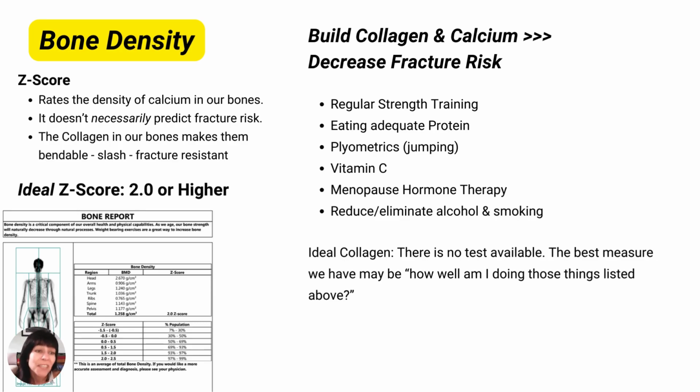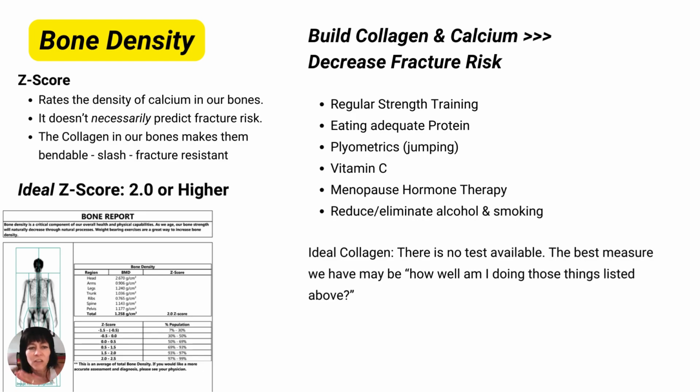Keep in mind, your Z-score is the rate of density of calcium in your bones. It doesn't necessarily predict fracture risk, because what makes our bones less likely to fracture is the amount of collagen, or the bendable material in our bones. We can't measure that with a Z-score. So we're just assuming, this is what I think anyway, that if we have good calcium scores, we also have good collagen scores.